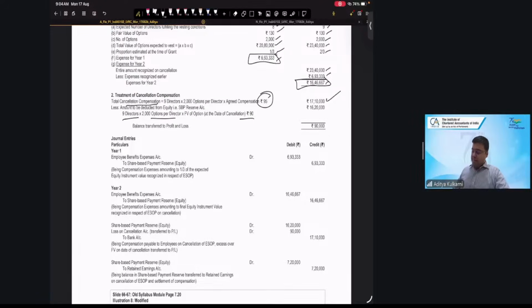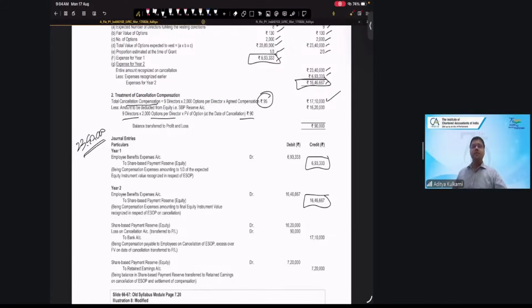So now many times the other question that arises is, I have booked 6 lakh 93, I have booked 16 lakh 46. I have a total SBP reserve of 23 lakh 40,000 and a compensation of only 17 lakh 10,000. Why should I not meet the entire compensation from the SBP reserve?